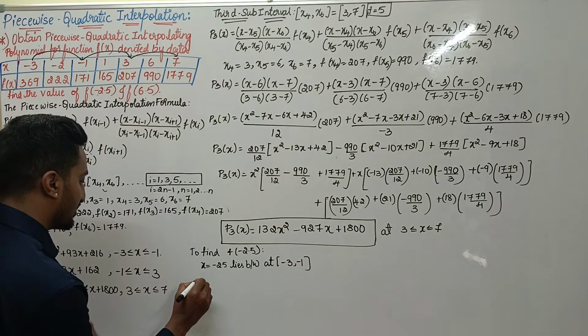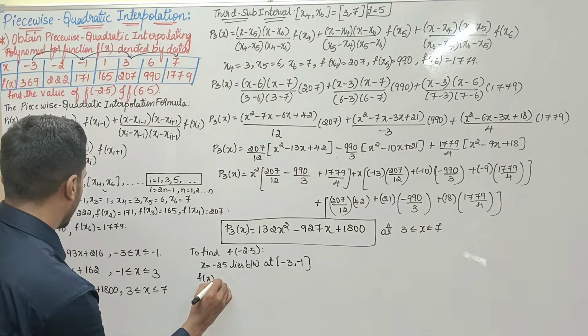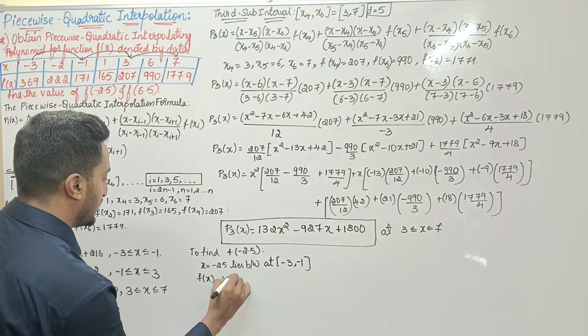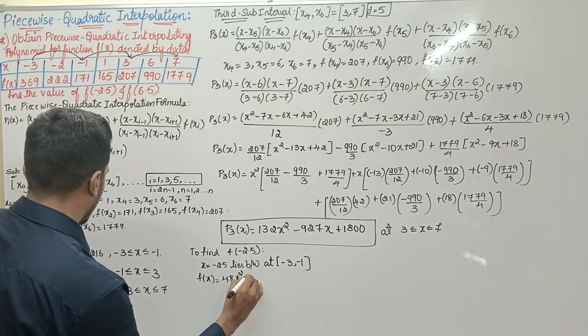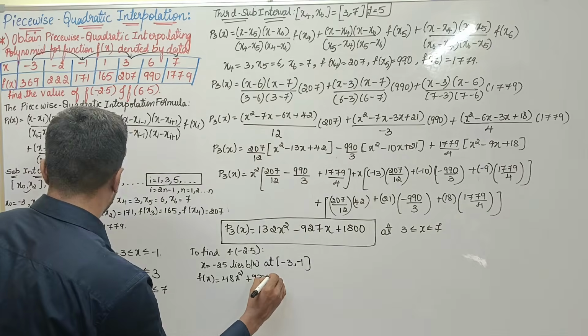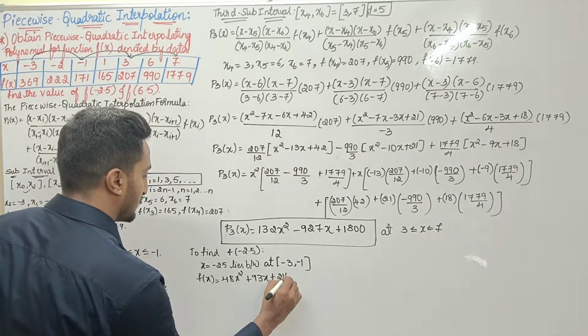So I am going to consider f of x, which is equal to 48 x square plus 93x plus 216.